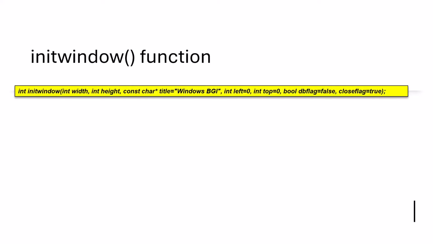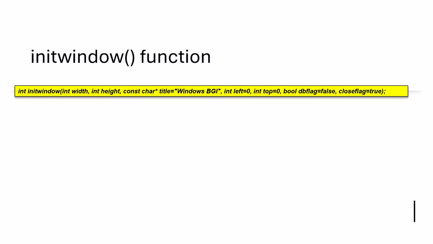The first one is init window. This is the prototype. Width and height, as you can see there, are the first parameters that necessarily have to be specified. The title, that's const char star title, that's the title that will appear in the title bar for the window.